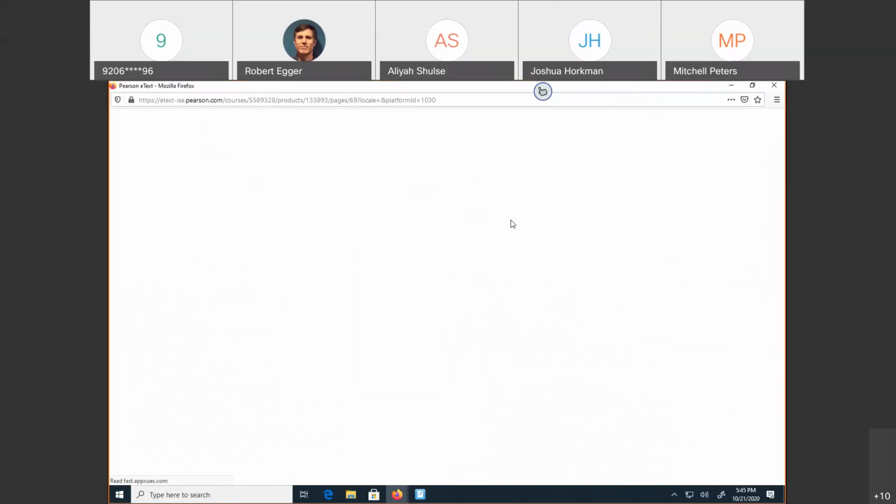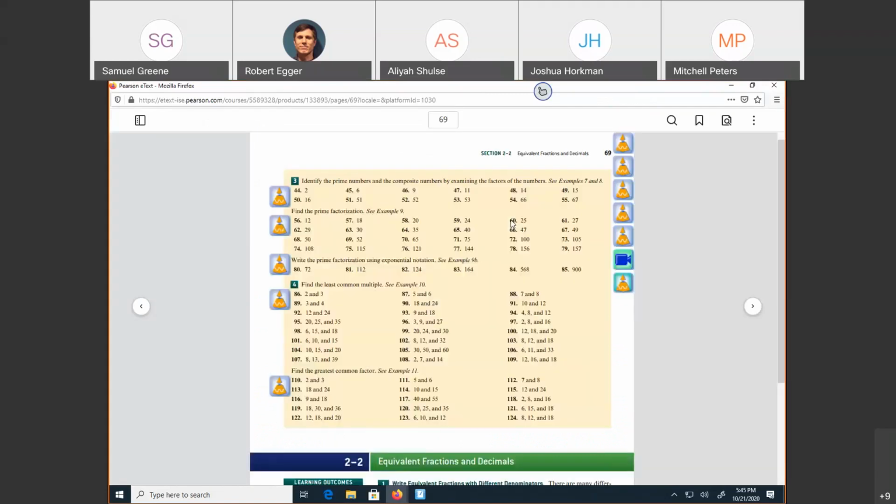Usually takes a few seconds for this to load up. Oh, interesting. Well, if we're reciting problems out of the book, a lot of these icons are active.